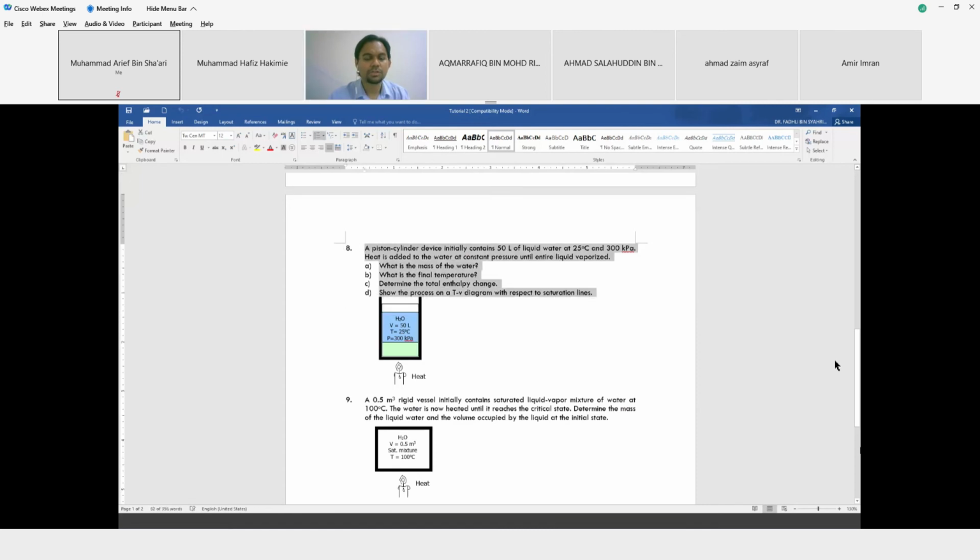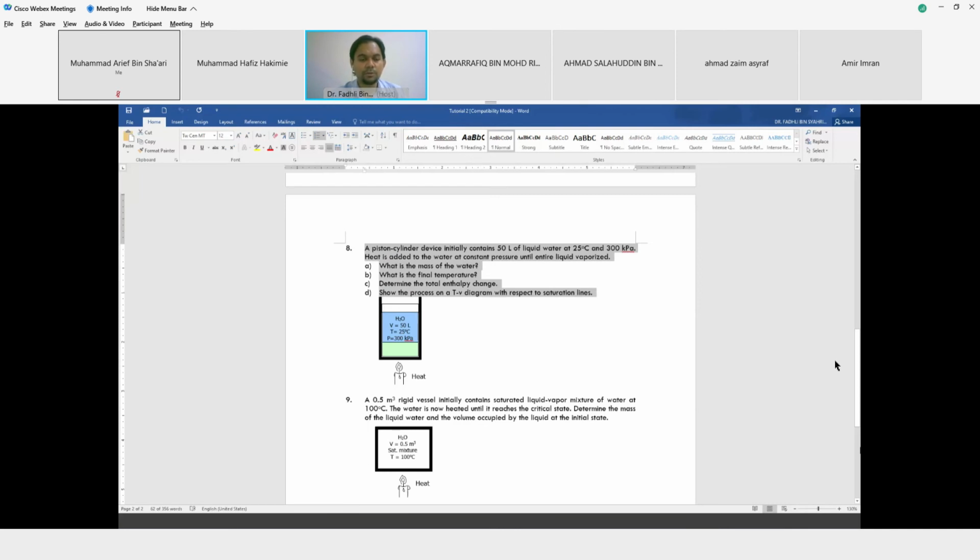Okay. Question 8. A piston cylinder device initially contains 50 liter of liquid water at 25 degrees C and 300 kilopascal. Heat is added to water at constant pressure until the entire liquid vaporizes. So this is the case study.